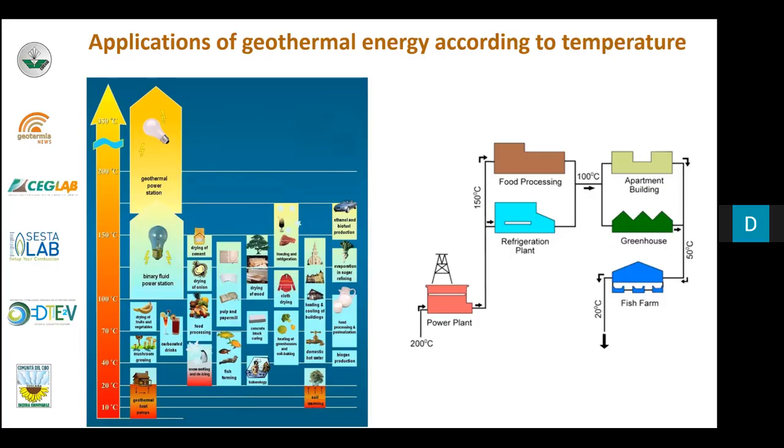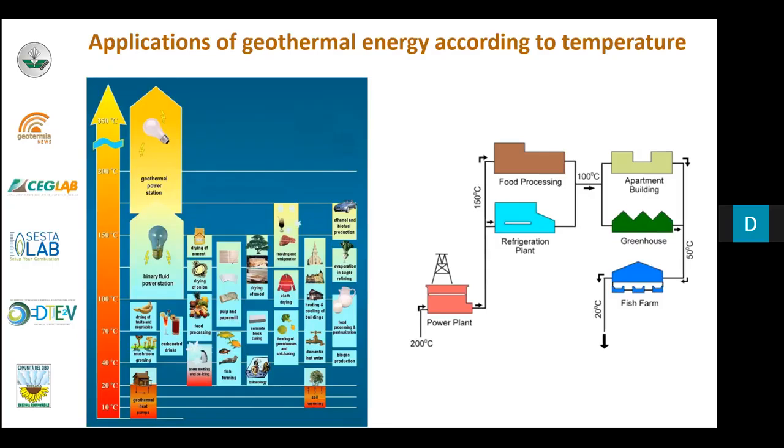geothermal resources in cascade. I mean, the uses in cascade can be, for example, you have the power plant that generates electricity. Then the waste heat from the power station can be used for other purposes.